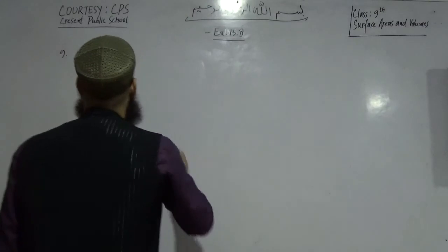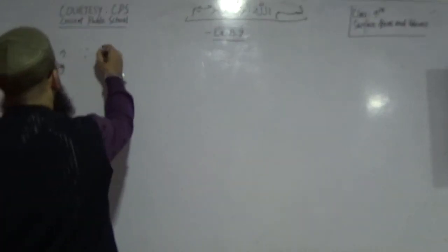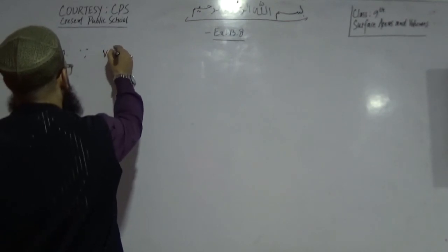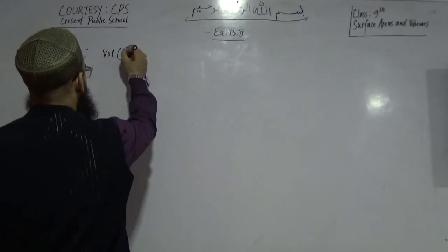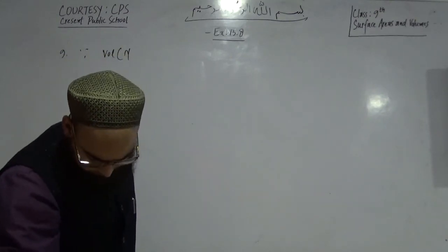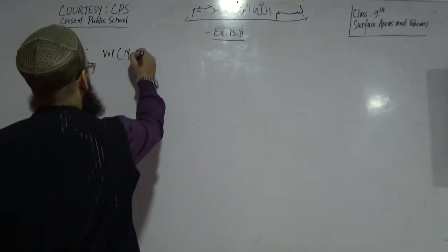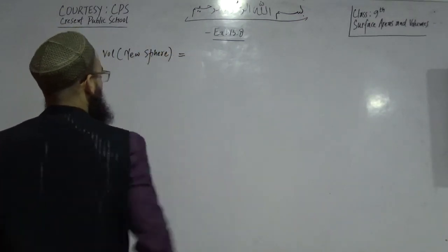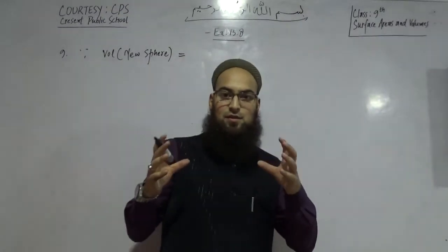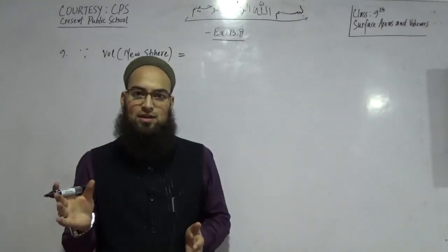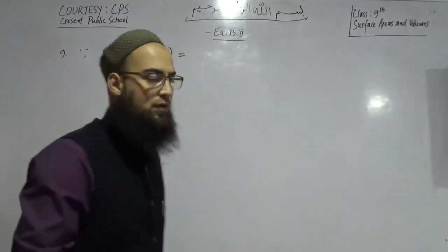So it goes like this. Since the volume of the new sphere, because you melted 27 spheres to form a big sphere, that means the combined volume of these 27 spheres is equal to the volume of the new sphere.